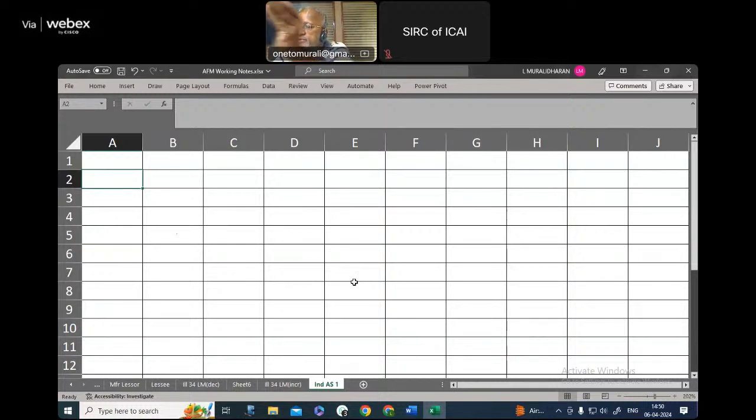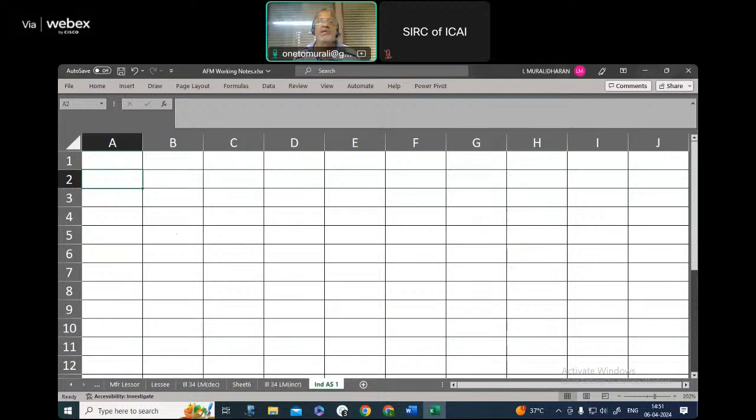Our calculator is here, and we will take up the items one by one. The first item we will take up will be the balance sheet on the asset side. I am keeping the keyboard separately when I am writing.